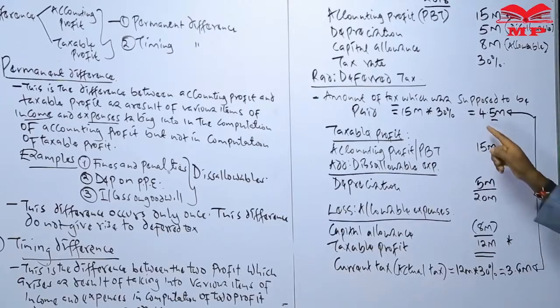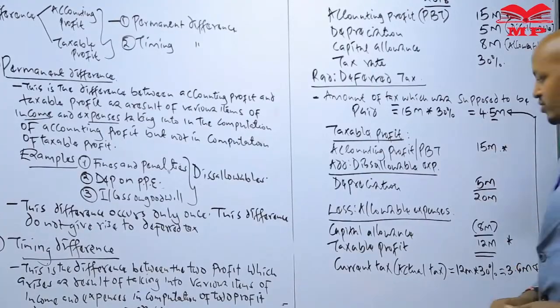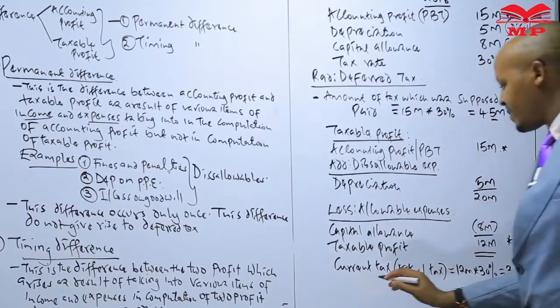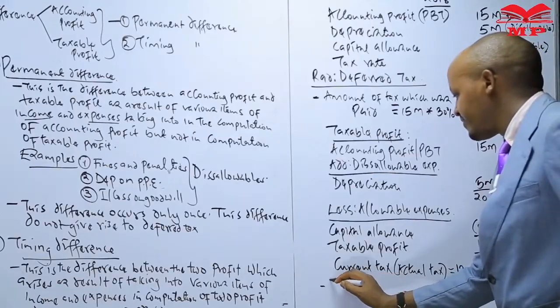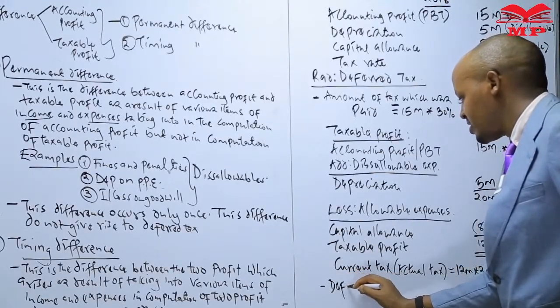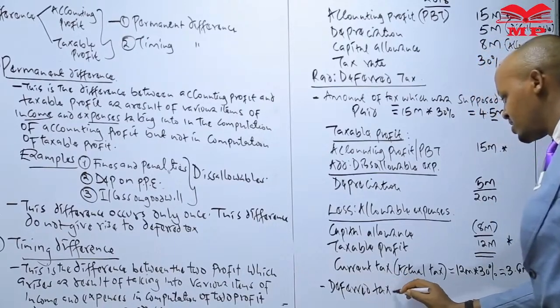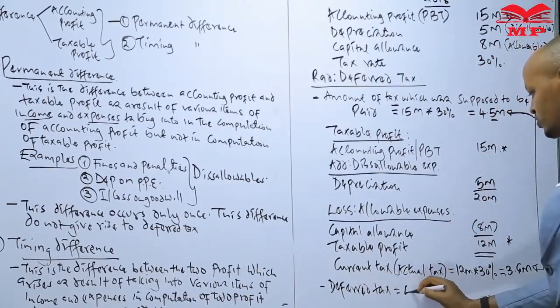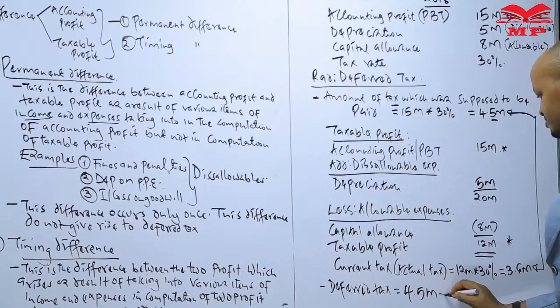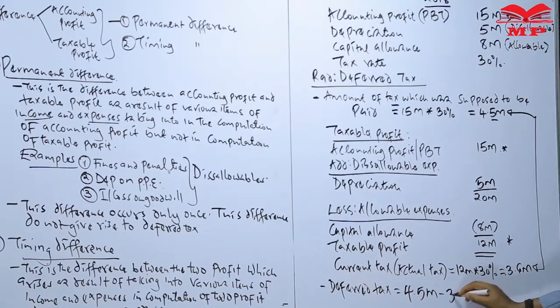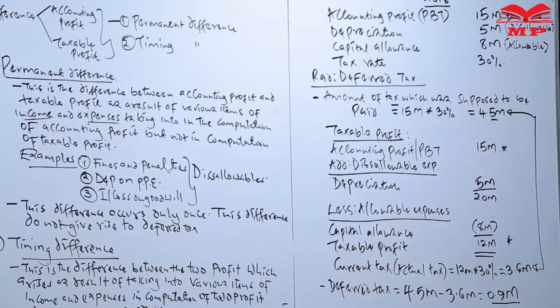Therefore you can see that the company has paid less tax than it was supposed to pay, and the difference between those two figures is what we refer to as deferred tax. So the deferred tax in our case will be equal to what was supposed to be paid, 4.5, minus 3.6 million, and that will give us a difference of 0.9.